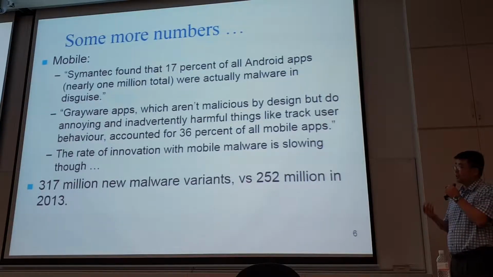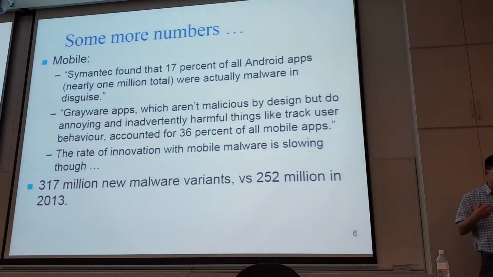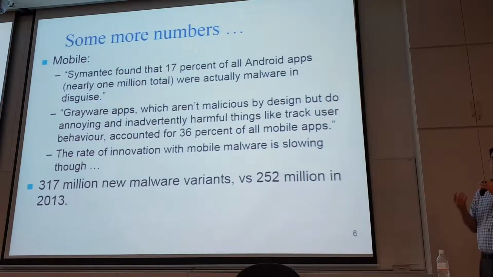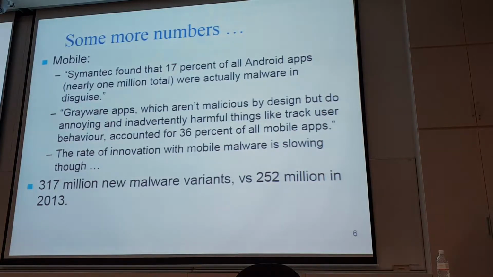It's predicted that every Android device contains some malware and greyware, because on Android you can download an application from anywhere and install it on your device. We don't need to check the source of the application.